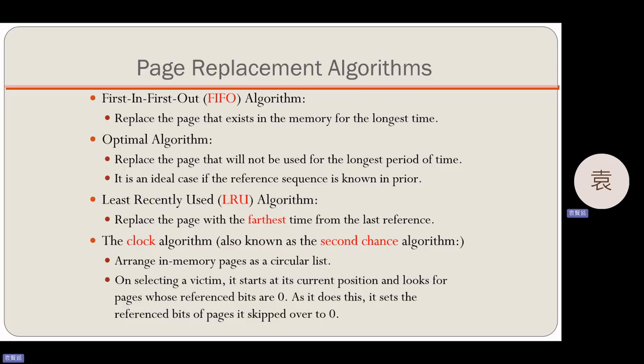The optimal algorithm assumes we know the future reference sequence. But in reality, we only know the reference sequence of the past. So the least recently used algorithm, sometimes called LRU, is the middle ground to the optimal. Because we know the past references, we replace the page whose last reference was a long time ago.